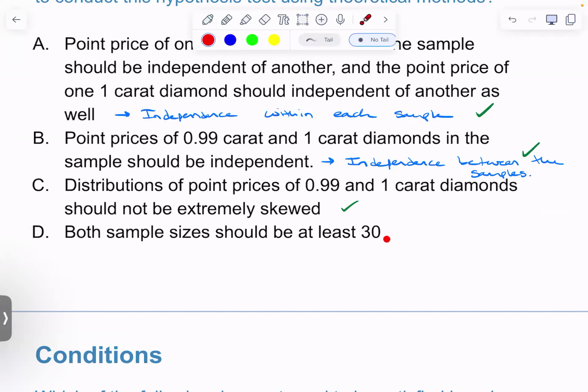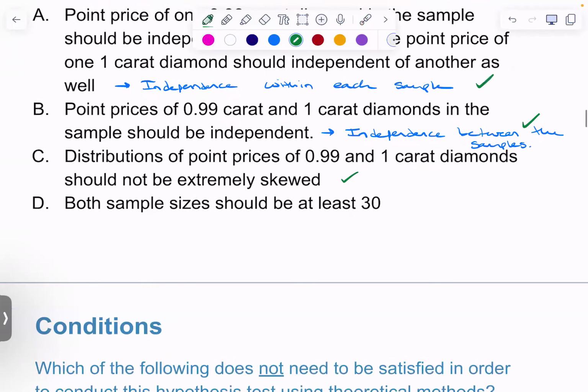Making the last one false, but why? Both sample sizes should be at least 30. That's not true, right? It's easier to check the assumptions if they are, right? But as long as the distributions for both groups are not extremely skewed, it's okay, right?